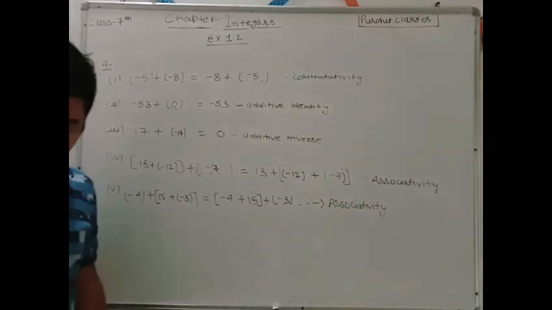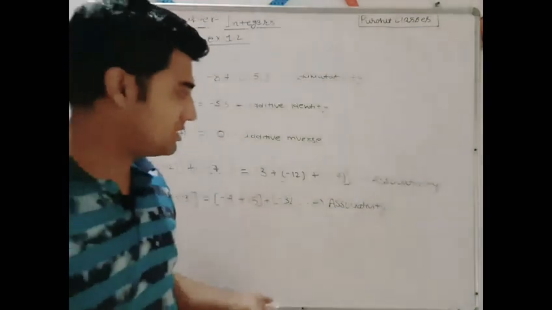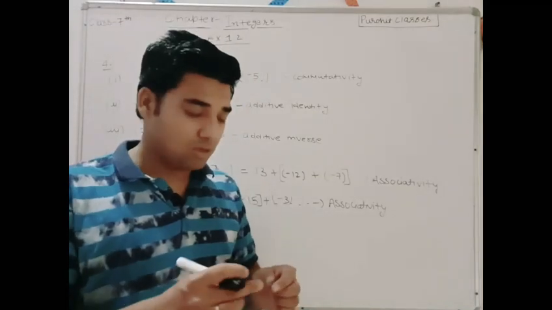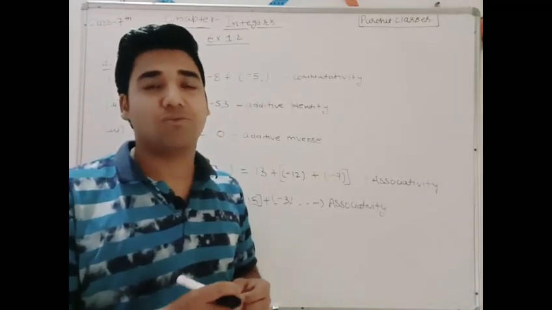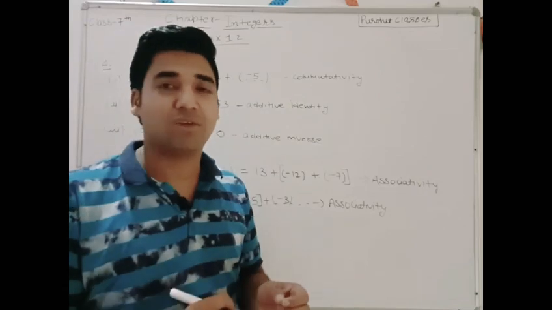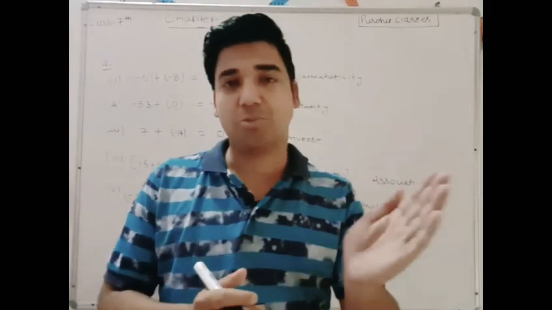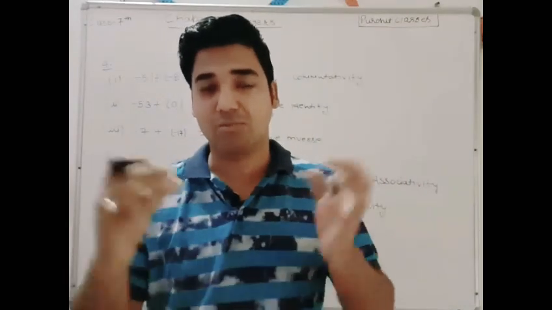Okay, so in today's video we will do only up to this exercise, and in the upcoming videos we will be solving operations like how to find the multiplication and division of given integers, like if one is positive and one is negative, both are negative, both are positive.